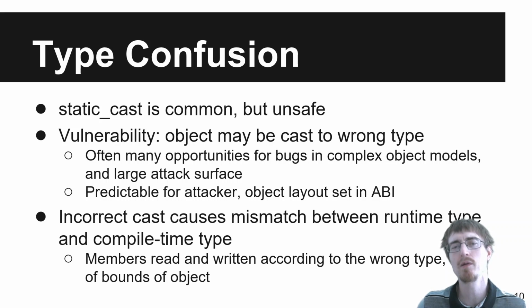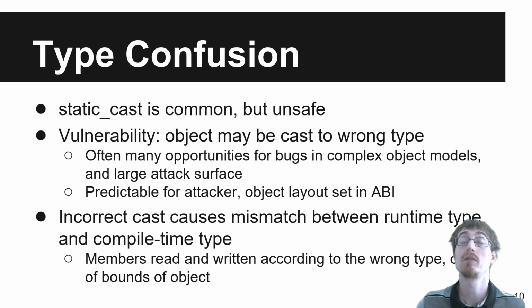And we might simply work on an assumption that some pointer of a parent type is pointing to a particular child type. If this assumption is incorrect and an attacker is able to somehow manipulate the program into putting an object of a different type in that location, then this may be possible to be abused.